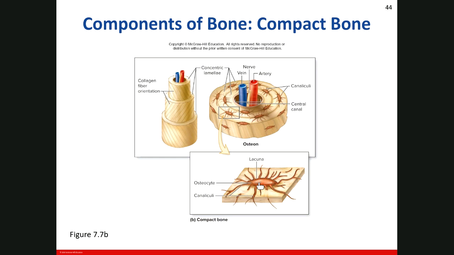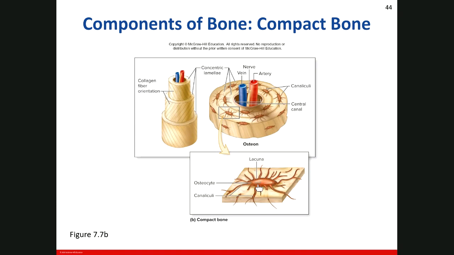The lacunae are the small spaces in which the osteocytes are located. In each lacuna, you can see one osteocyte. And our osteocyte is star-shaped. It contains many processes, and these processes are located in tiny interconnecting channels inside the bone.